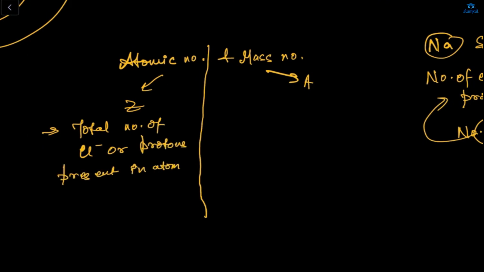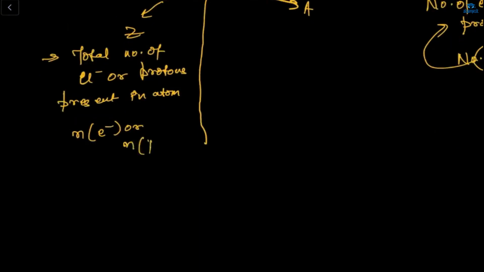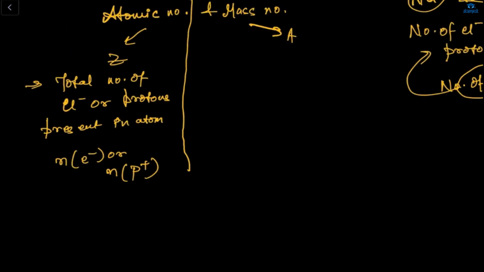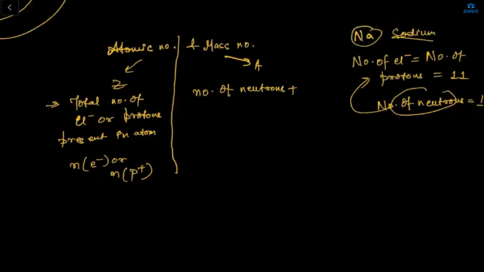So we can say number of electrons, or number of protons: e minus and p plus. And what about mass number? Mass number is the addition of neutrons and protons. Number of neutrons plus protons.